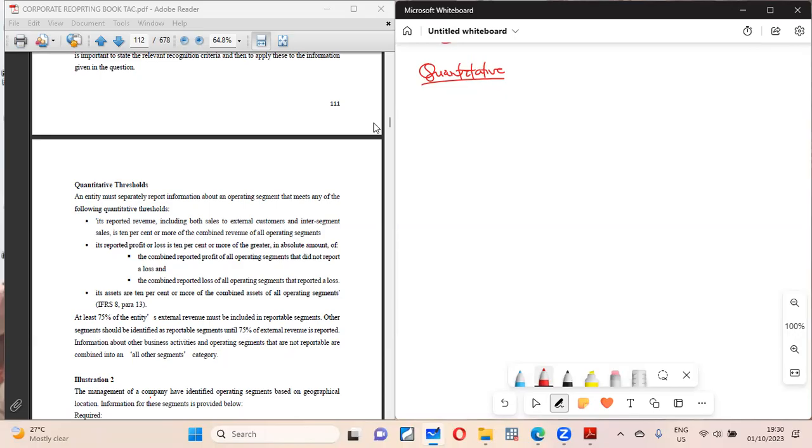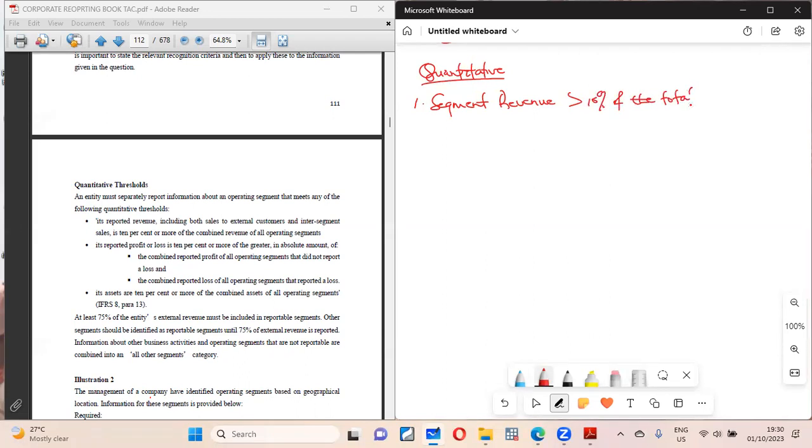We can see an operating segment, number one, when that segment's revenue is greater than 10% of the total revenue, I mean, the consolidated revenue.